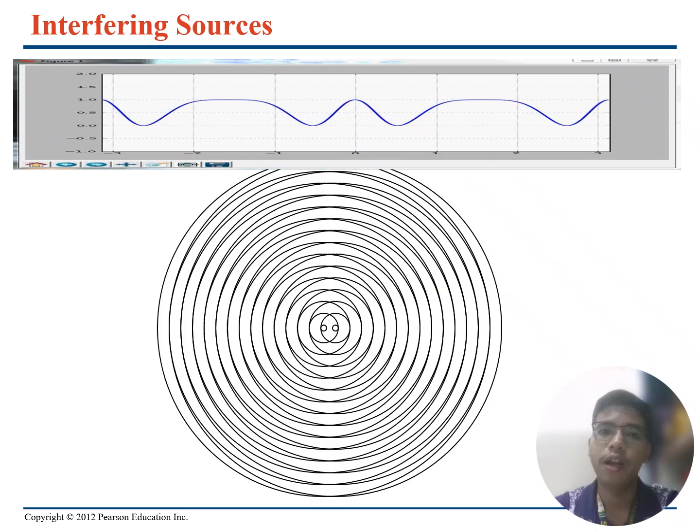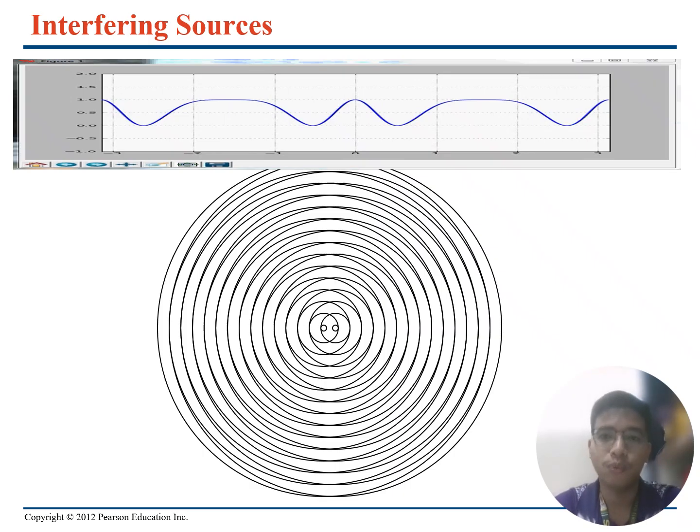Interference sources. As you can see in this slide, it visually reinforces the relationship between interference and intensity distribution. Notice that the brightest regions occur where the constructive interference is the strongest, indicating maximum amplitude and therefore maximum intensity.